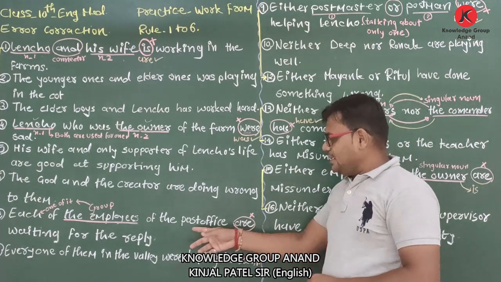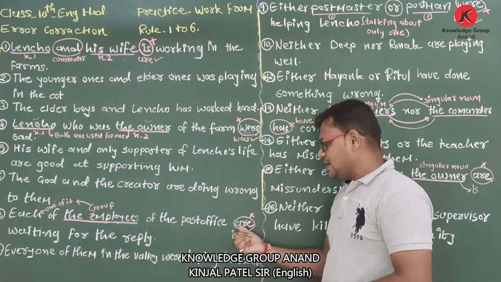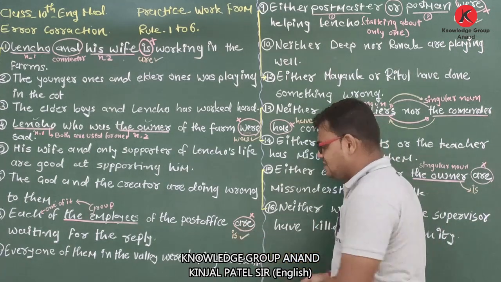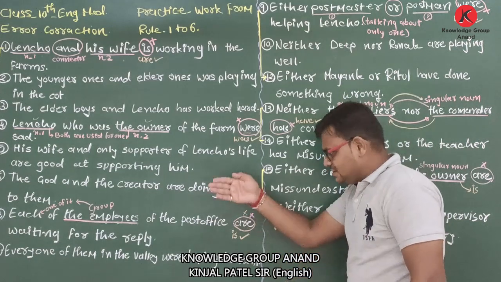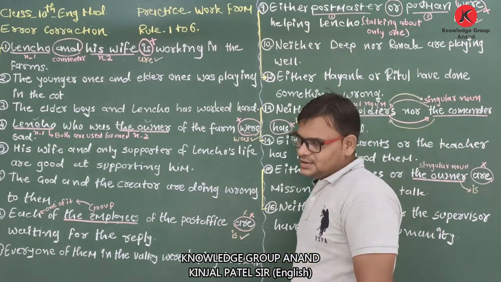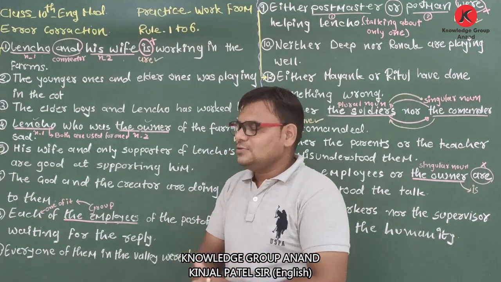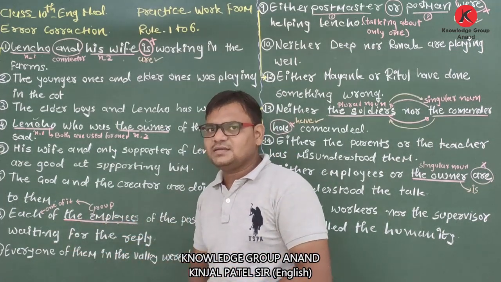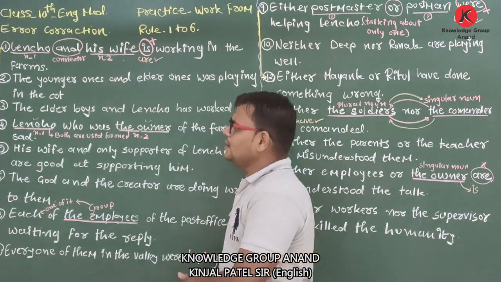But instead, in this question, are is used as a plural form, which is wrong. वो गलत है. Instead of that, you should put is. I hope you have understood this one also. Now these two, 7 and 8, are both based on rule number 3.